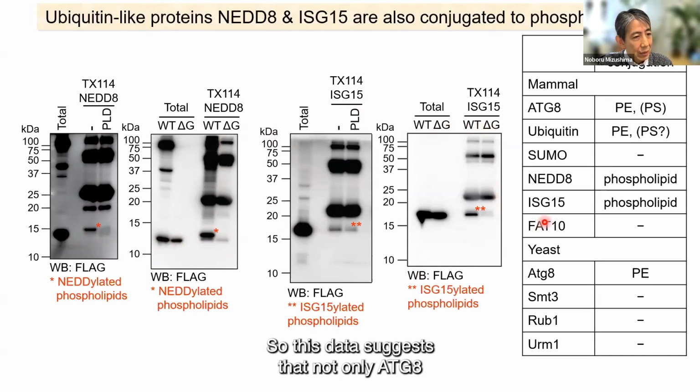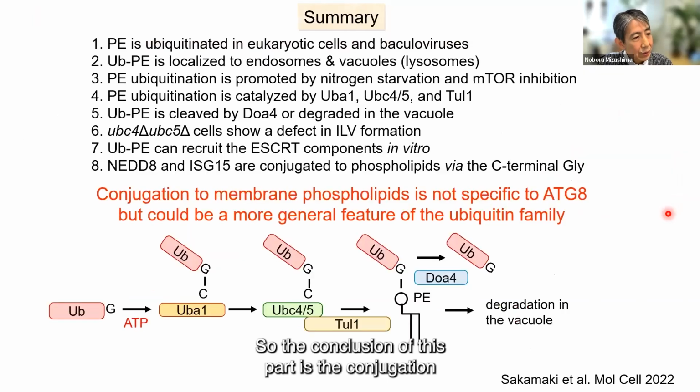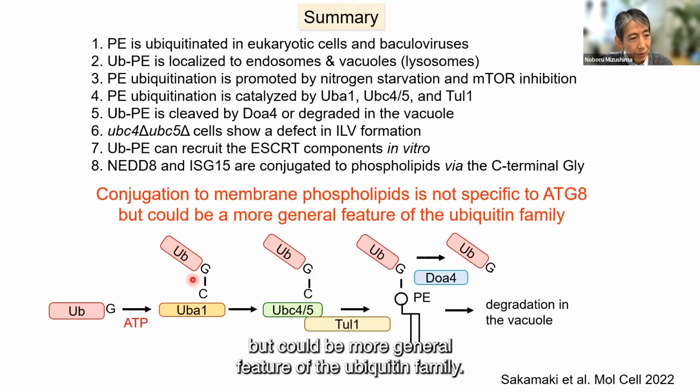So this data suggests that not only ATG8 and ubiquitin, but also NEDD8 and ISG15 can be conjugated to phospholipids. So the conclusion of this part is the conjugation to membrane phospholipids is not specific to ATG8, but could be a more general feature of the ubiquitin family.